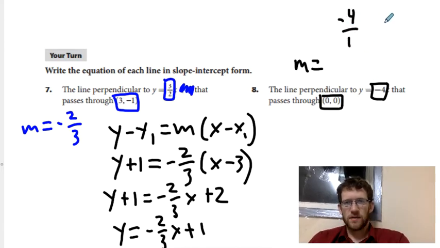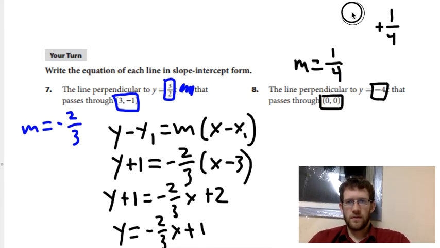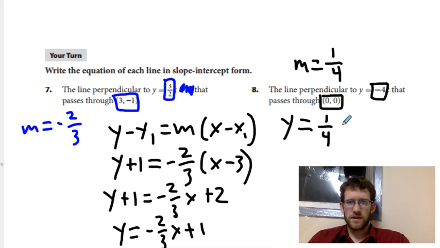So we can switch it, and it becomes positive 1 over 4. So I'm just going to put 1 over 4. And then I'm going to skip writing this thing out. I'm just going to plug the values in. So in this case, I have y plus 0 equals my slope, 1/4, times x minus 0, which is x, so 1/4 x. y equals 1/4 x.